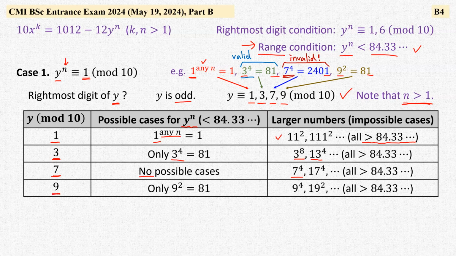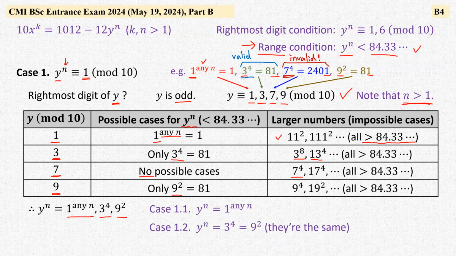Similarly, if y ends with 9, then the only possible case is where y to the power of n equals 9 squared, hence 81. Therefore, we have these three possible cases for y, n: 1 to the power of any integer n, 3 to the power of 4, and 9 squared.